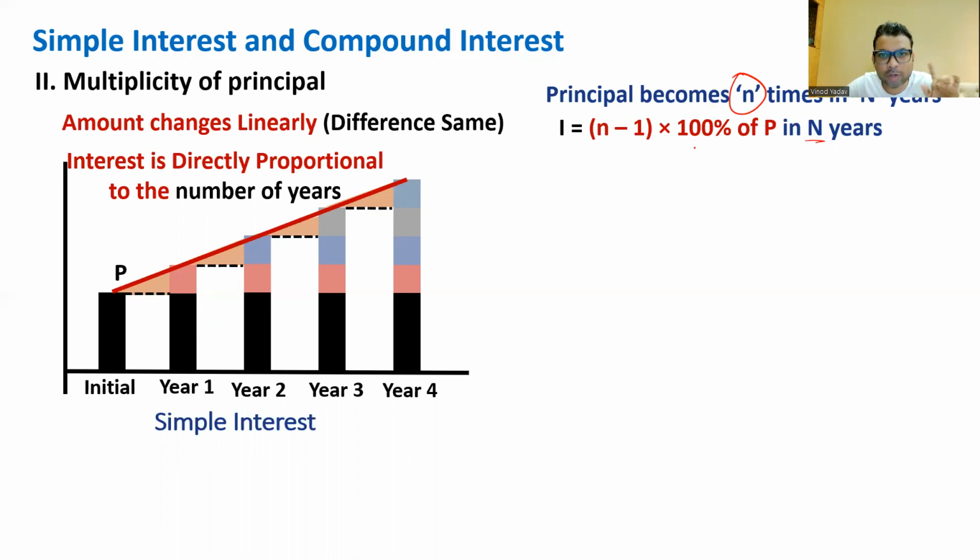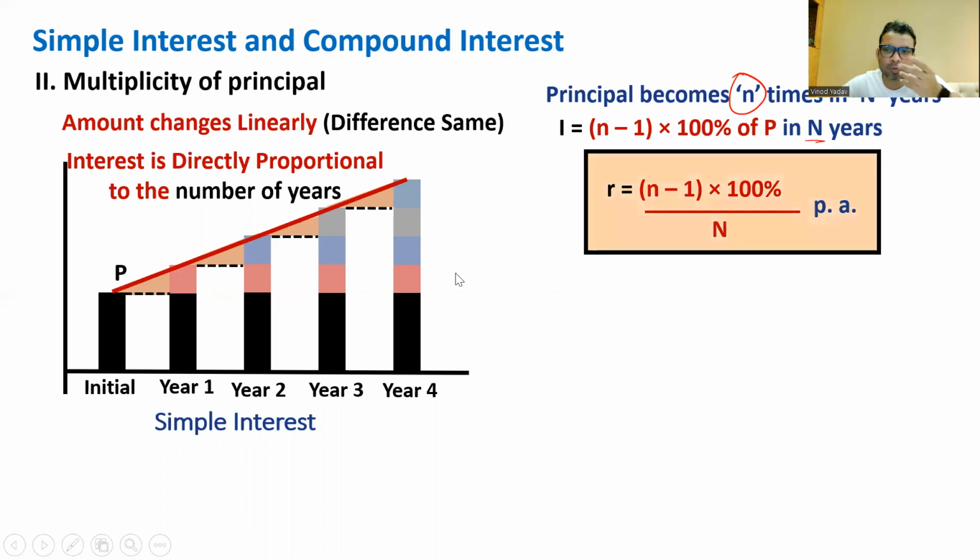Just now we saw 200%, 300%. Specifically, this is in N years, so per annum, divide by N. So for 1 year, divide by N. Correct? Simple.